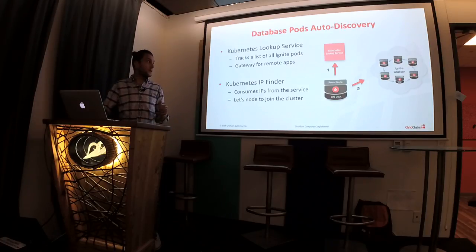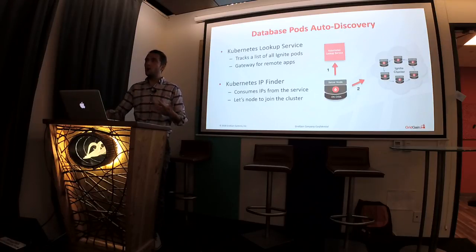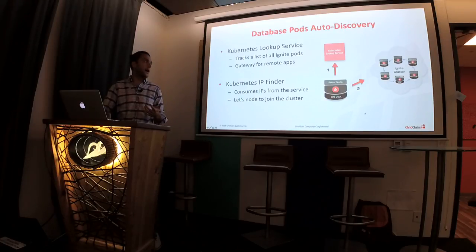If we take a look at this flow diagram, imagine that we already have some Ignite cluster deployed in Kubernetes, and now we are booting up an additional node there. This node doesn't know anything about this cluster. The first thing to do, it connects to this service that is deployed here.